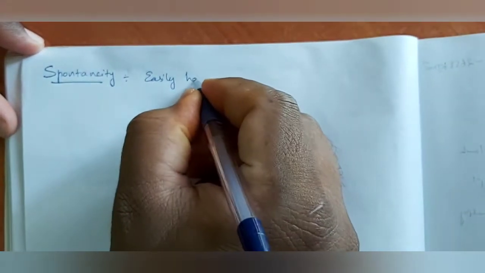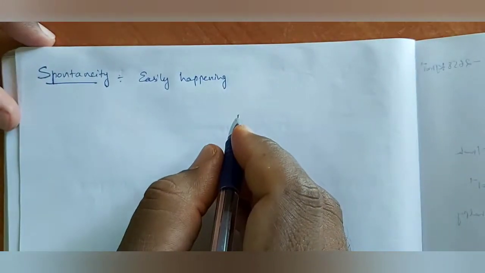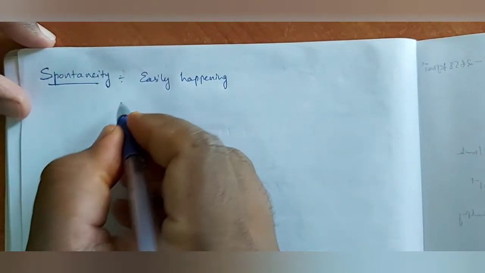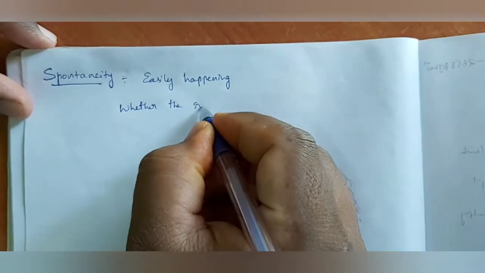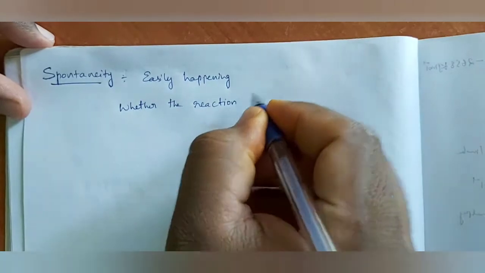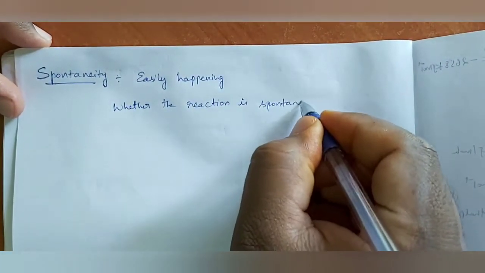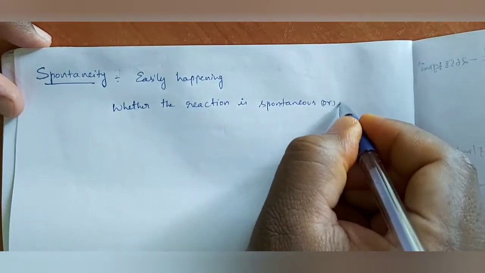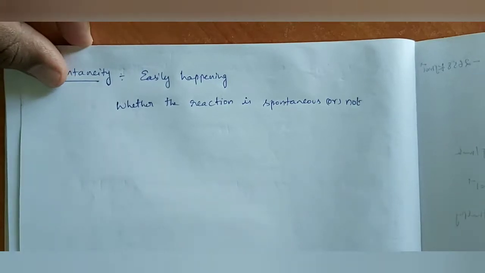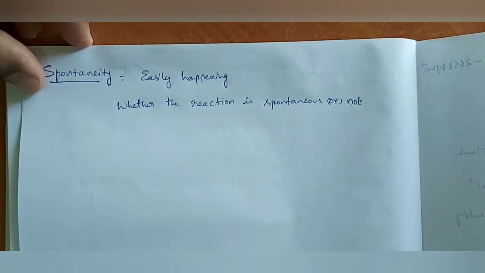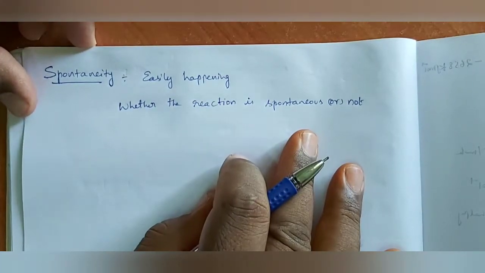Meaning, by knowing some properties, we can say whether the reaction is spontaneous or not. Easily happening means by using some properties we are going to say whether the reaction is spontaneous or not.